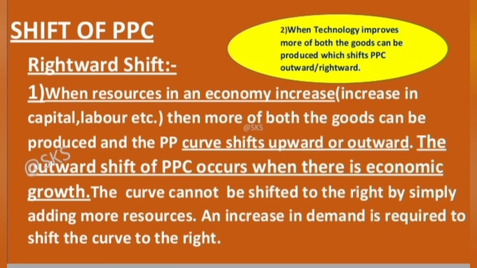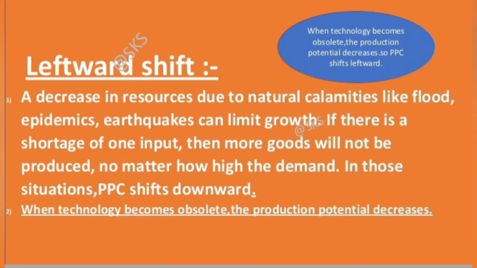And what is the reason for the leftward shift of PPC? It can be epidemics, flood, earthquakes, shortage of any of the inputs. It can be labor or capital. If there is a shortage, then more goods will not be produced, no matter how high the demand.